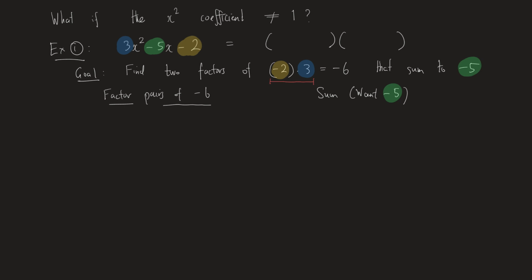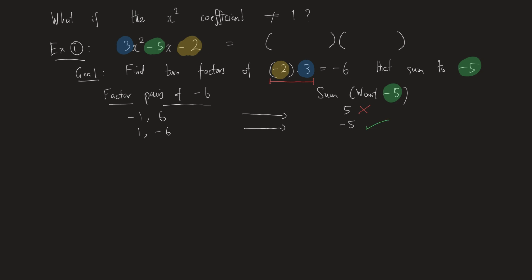Okay, so there's the easy ones we can start with. I know that negative 1 and 6 multiply to negative 6, but they sum to 5, so that doesn't work for us. The other easy one would be the factor pair 1 and negative 6. Oh, and indeed, those do sum to negative 5, which is exactly what we wanted.